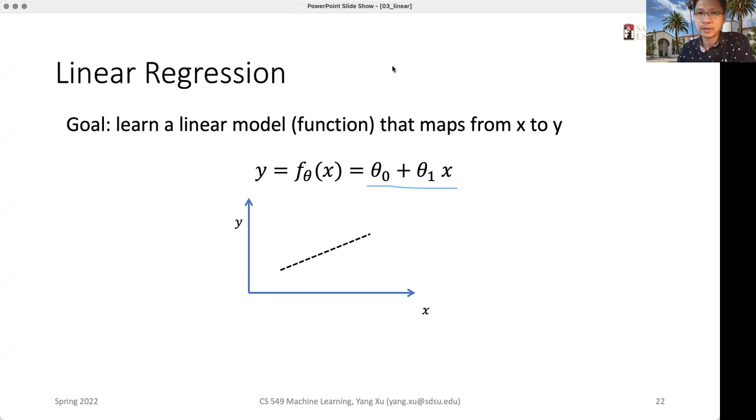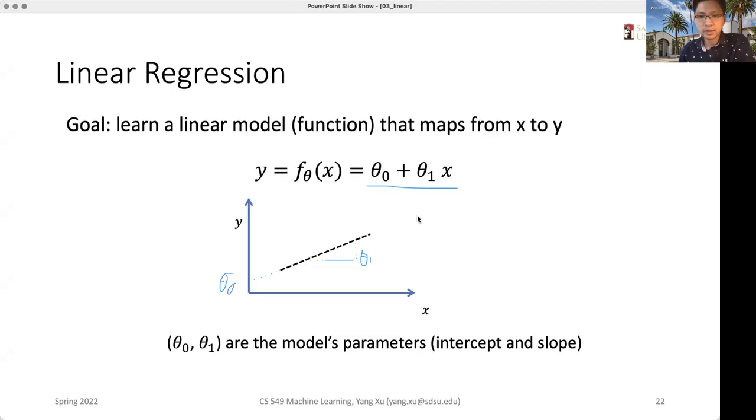If we extend the line, we will see that it hits the y-axis at the value of theta 0, and the slope of it is defined by theta 1. That's how it looks in this two-dimensional space.